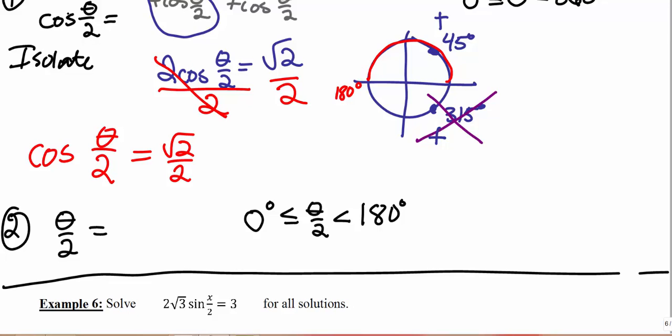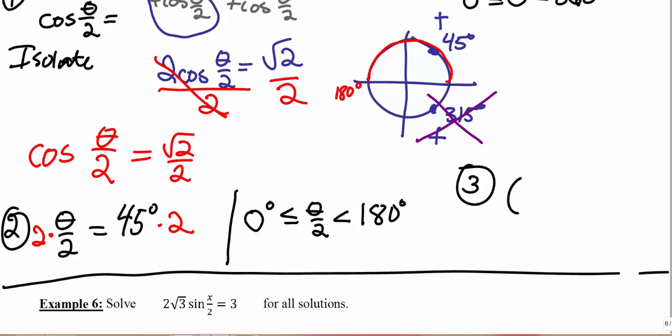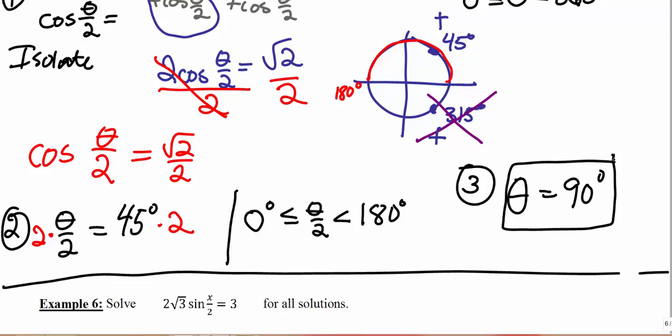So we get 45 degrees as the only solution that we actually care about. Then the last thing we're going to do is multiply both sides by 2 to solve for theta. And when we do that, we get theta is equal to 90 degrees. And that is actually the only solution that we care about for theta.